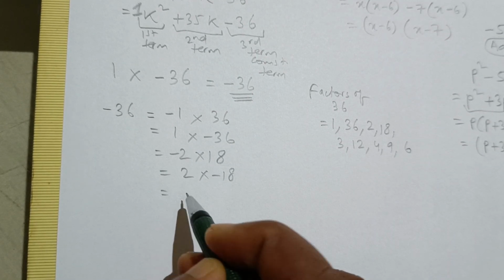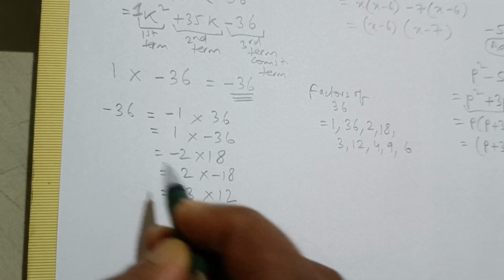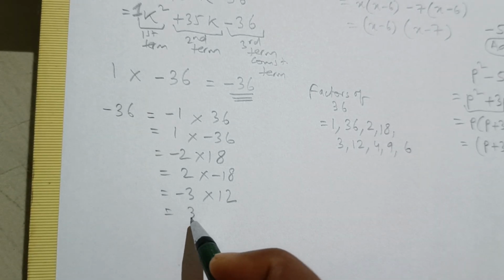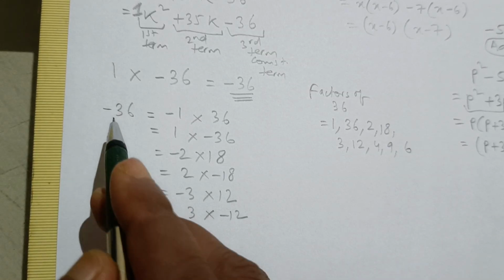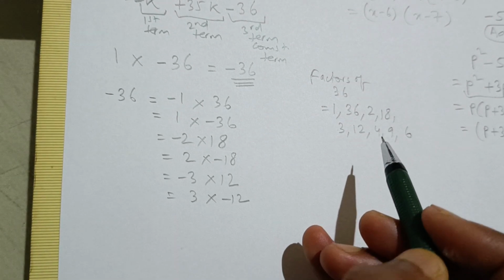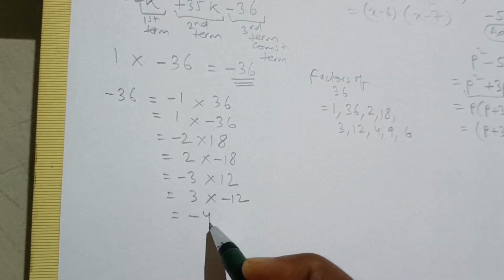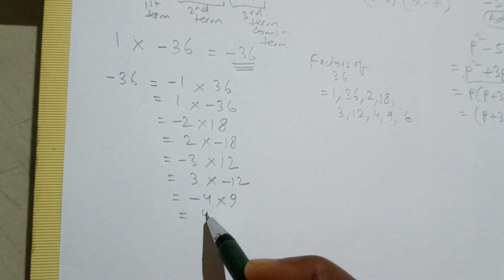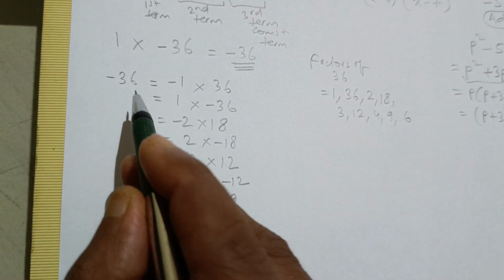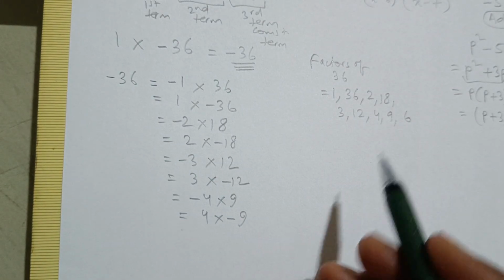Then 3, 12. So minus 3 into 12 is minus 36. Or you can also say 3 into minus 12, that is also minus 36. Then 4 and 9. So minus 4 into 9 is minus 36. And 4 into minus 9 is also minus 36. And then 6.